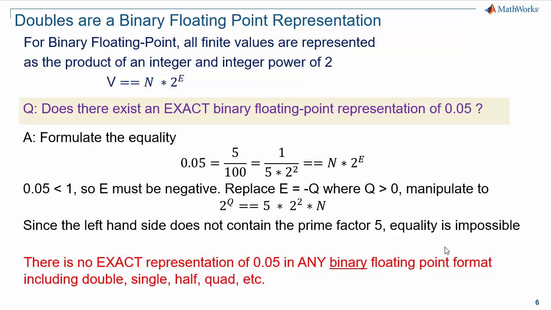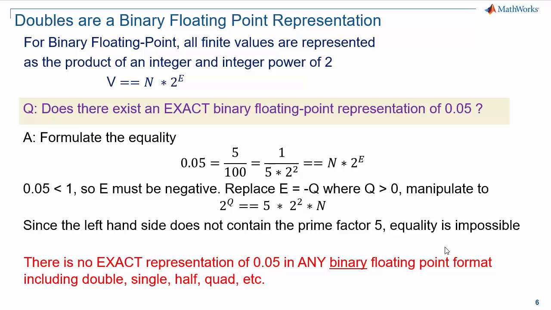So let's formulate the equality. 0.05 is the same as 5 over 10, and as we did in the previous page, we can reduce that to 1 over 5 times 2 to the 2. And we can see that the exponent e has to be negative because 0.05 is less than 1. That's the only way this equation could be satisfied. And so let's substitute e by minus q.